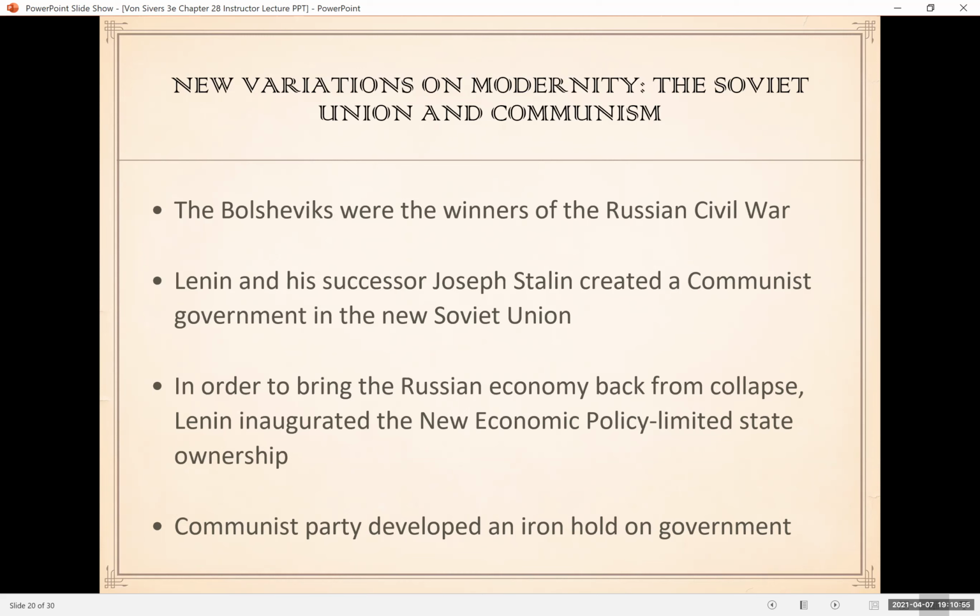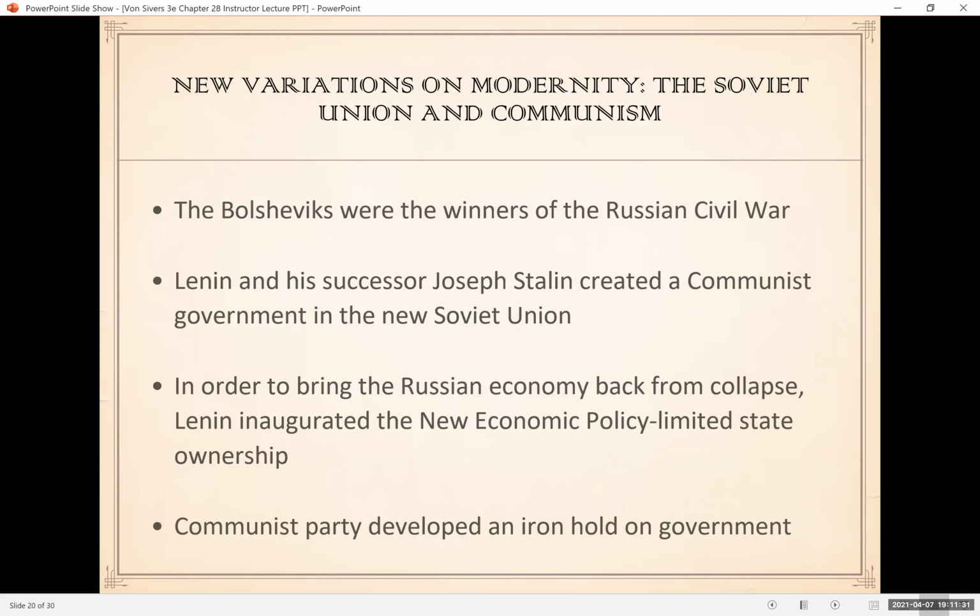That Russia, now called the Soviet Union, is going to need a revolutionary vanguard of professional revolutionaries who will lead the way to the eventual communist government. And then the state will fade away. So, what Lenin puts in place is a government that is totalitarian by its very nature.